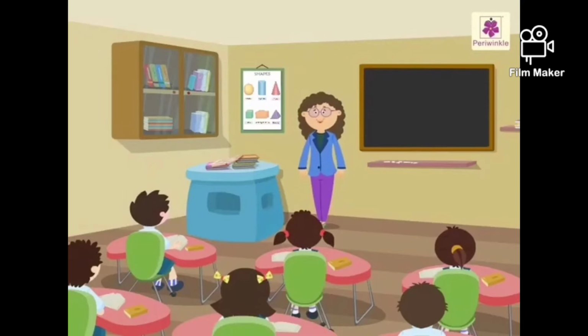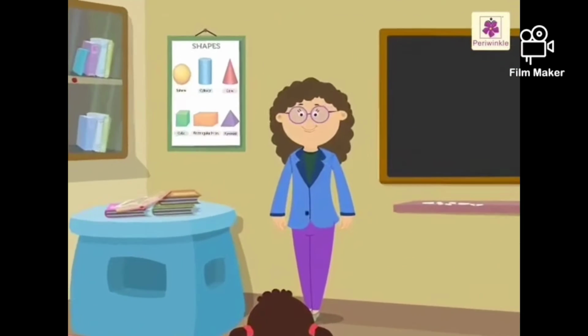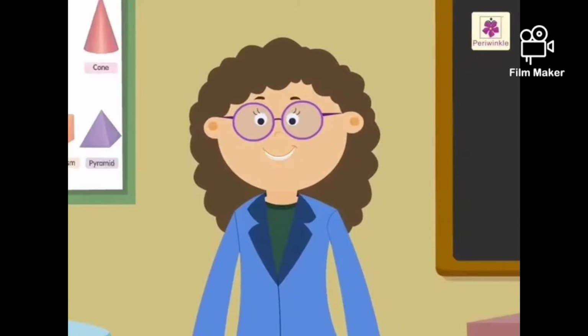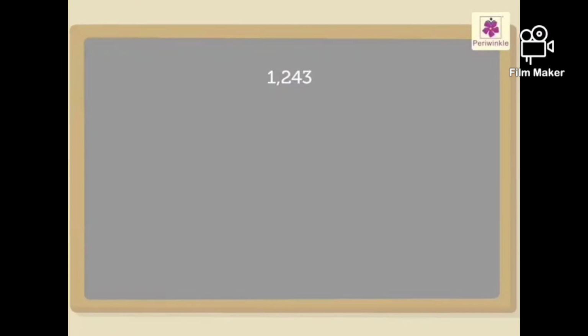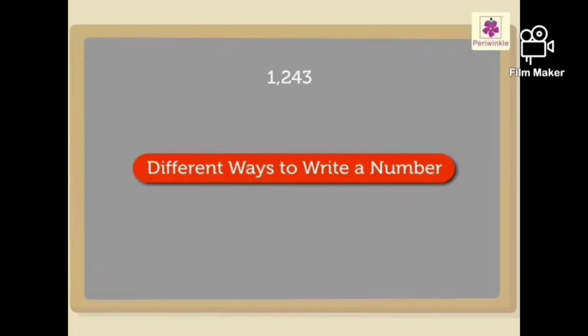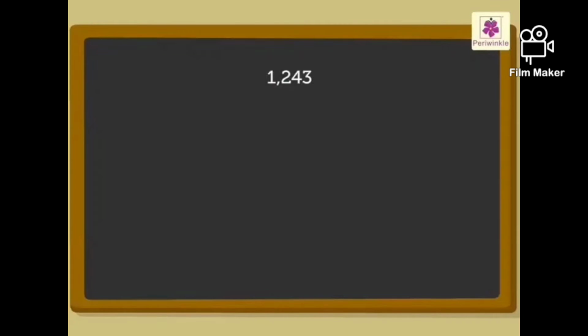We already know the different ways to write a 3-digit number. Today, let us take the 4-digit number 1243 and show it in different ways. Let us begin. 1.